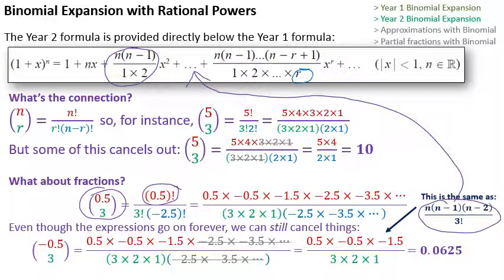The fifth power of x rather, will have a coefficient that looks like n times n minus 1 times n minus 2 times n minus 3 times n minus 4, all over 5 factorial multiplied by x to the 5. You can just sub in values of r, and you'll see how far that numerator goes, and you'll see that the factorial term on the bottom corresponds to the power of x on the top.